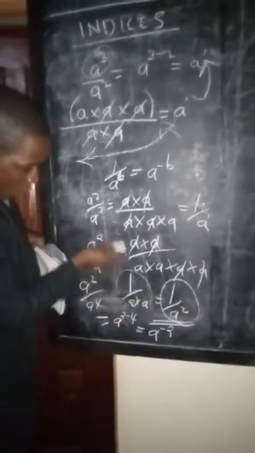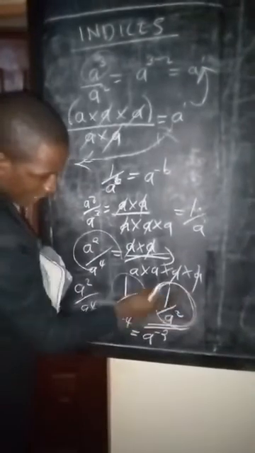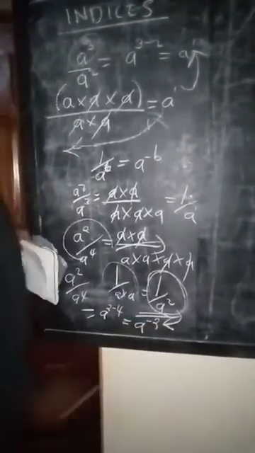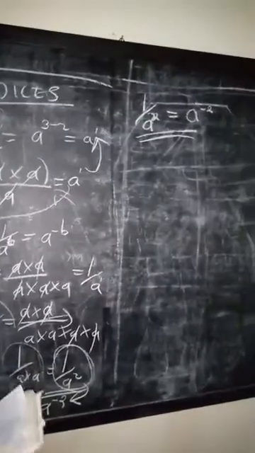Therefore, if this one is equal to this one, and it's equal to this one, it means that 1 over a power 2 is the same as a power negative 2.